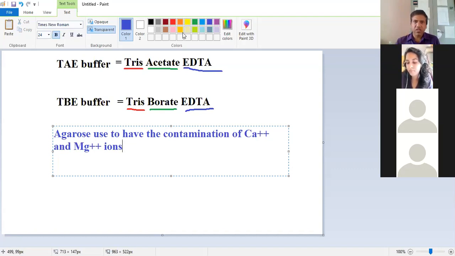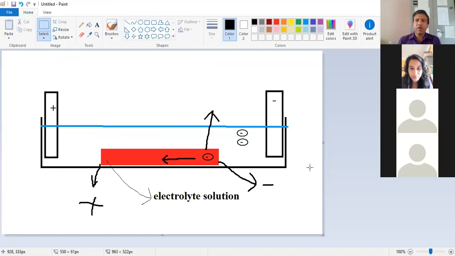Now if I go back to my earlier picture, we discussed when we started our class that anions move from cathode to anode, and cations move in reverse, from anode to cathode.